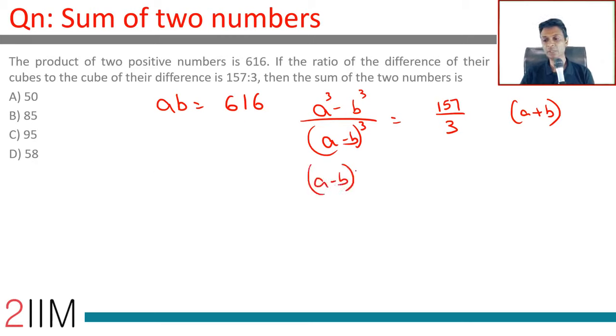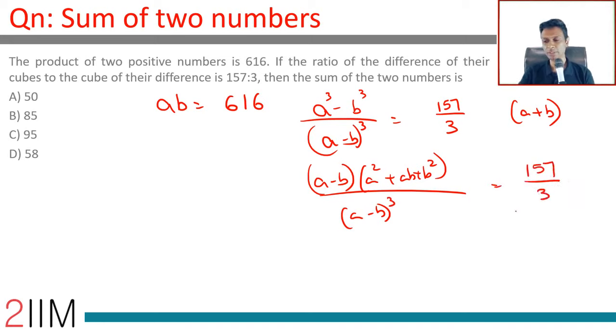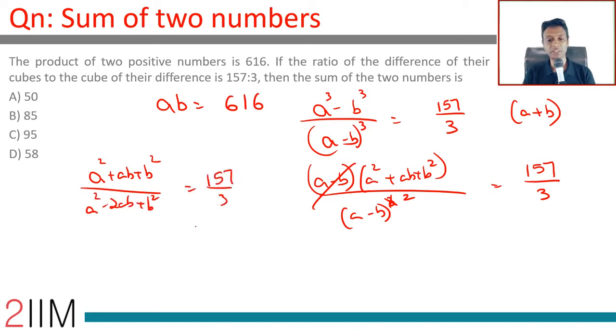I'm going to write this as A minus B into A square plus AB plus B square by A minus B whole cube is 157 by 3. So one A minus B gets cancelled, and it becomes A square plus AB plus B square by A minus B whole square is 157 by 3. We know A into B is 616. So we can restructure this as A square plus AB plus B square by A square minus 2AB plus B square is 157 by 3.